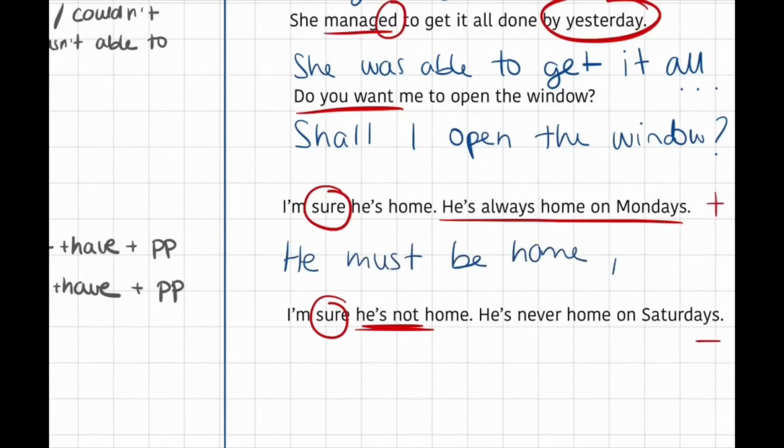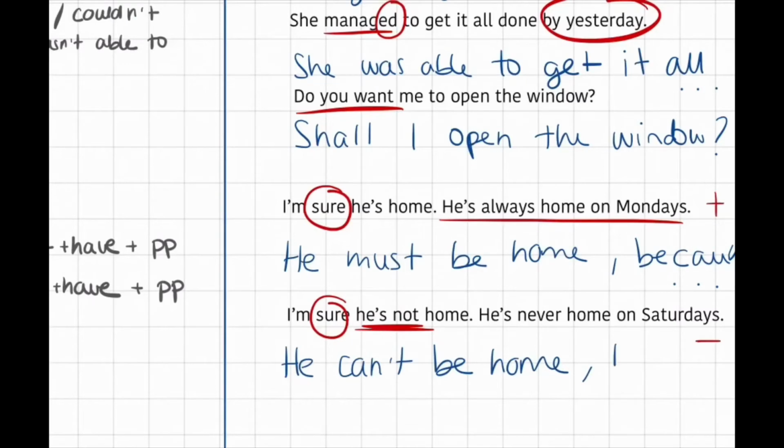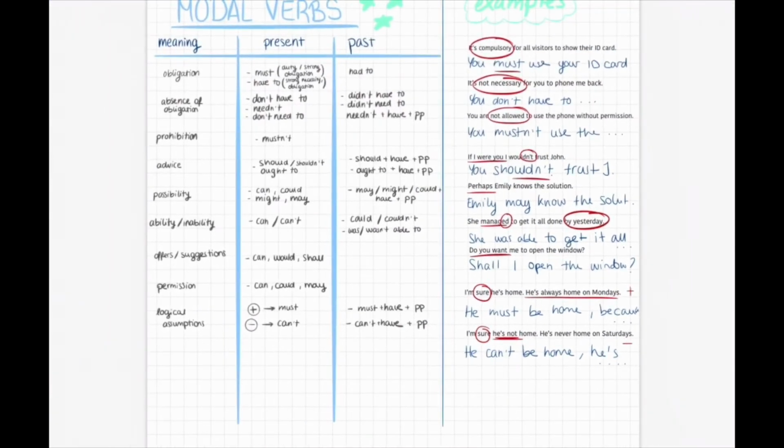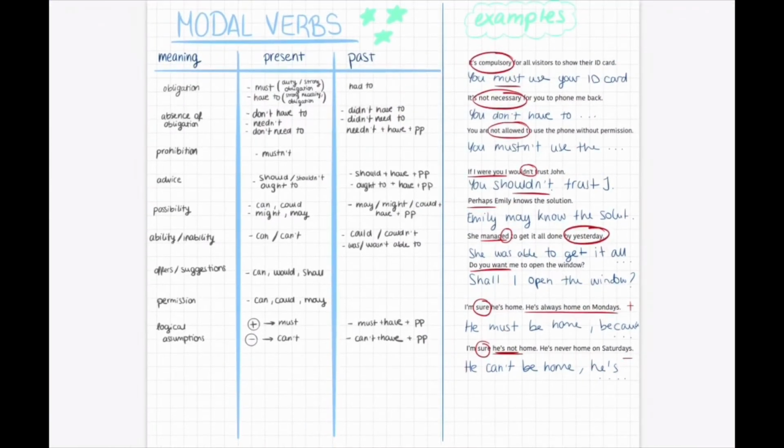You could say because he's always home on Mondays, for example. And in the last one, it would be he can't be home. He's never home on Saturdays. Okay? So this is everything with the modal verbs, and now we are going to explain the future.